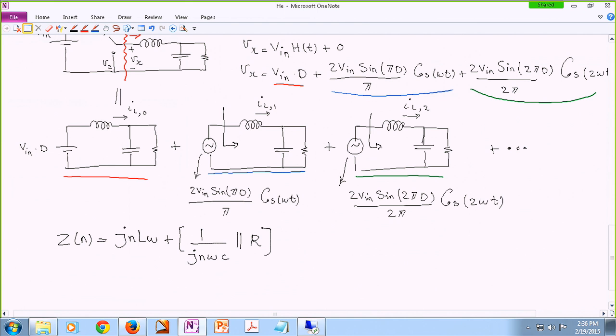All right, so now I can write IL, a DC component. Again, a DC component is not a function of time, but let's just put it there anyway.